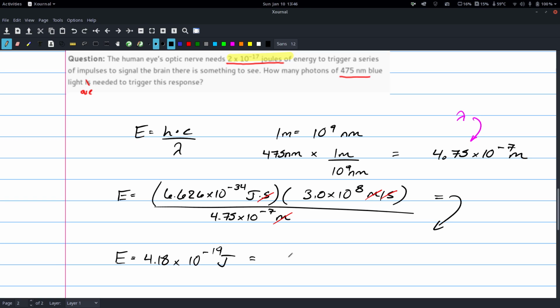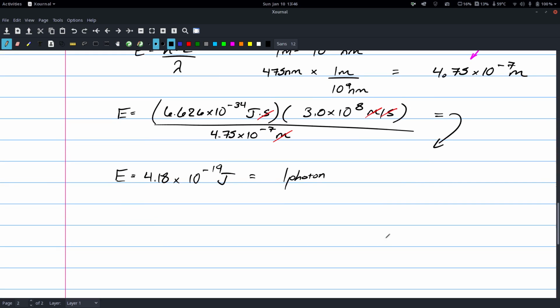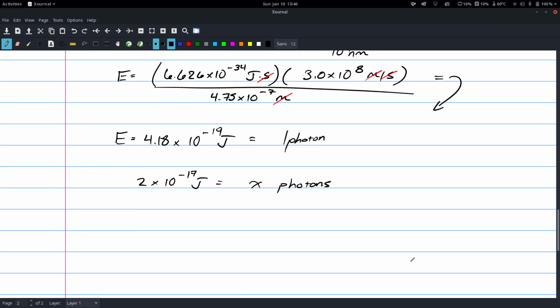Alright, so that is equal to one photon. So the question was, how many photons of this wavelength are needed to trigger a response? So 2 times 10 to the negative 17 joules equals x photons. So we just have to set up a little equation to figure this out.